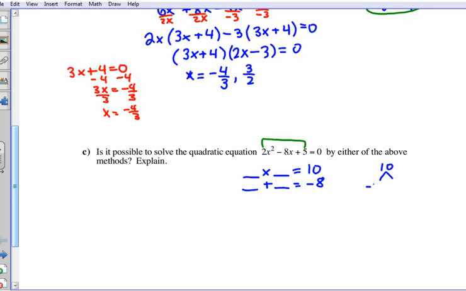Negative 2, negative 5, what else? Negative 1, negative 10. Are there any others that would multiply to a positive and add to a negative? No. That's it. Do any of them add to negative 8? No. So, uh-oh. Okay, so no, it cannot be solved by factoring.